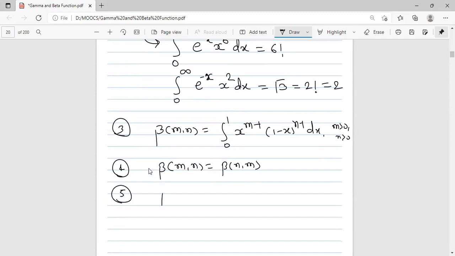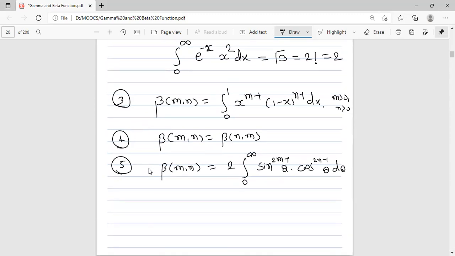Then beta m, n is equal to 2 into the integration from 0 to pi by 2 of sin raised to the power 2m minus 1 theta cos raised to the power 2n minus 1 theta d theta. Or the same result you can write as the integration of sin raised to the power p theta into cos raised to the power q theta d theta, which is equal to half beta of (p plus 1) by 2, (q plus 1) by 2.